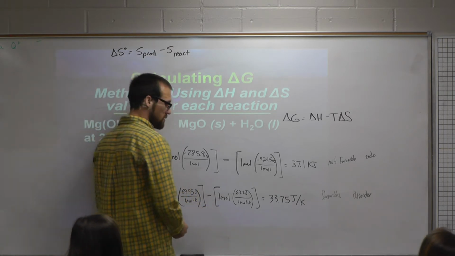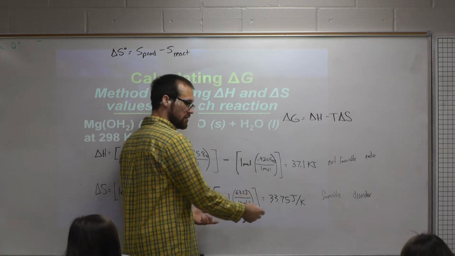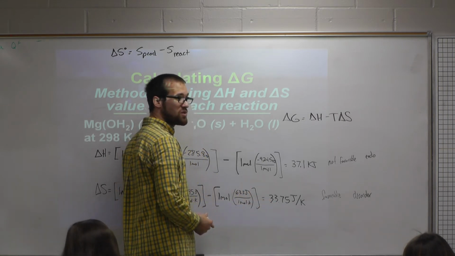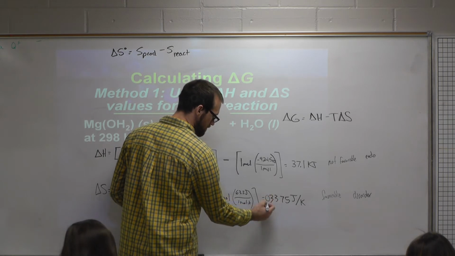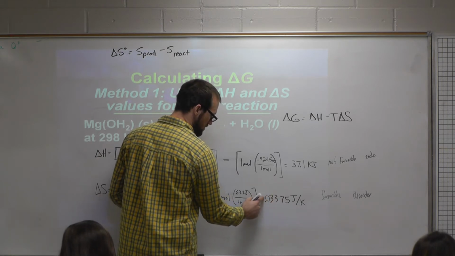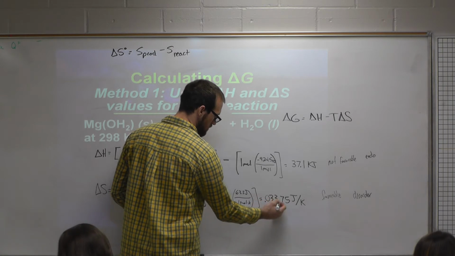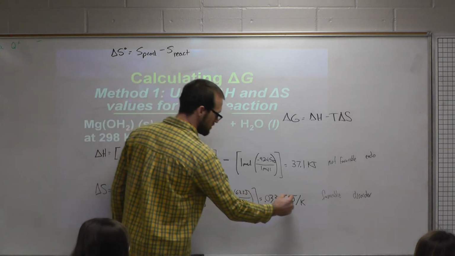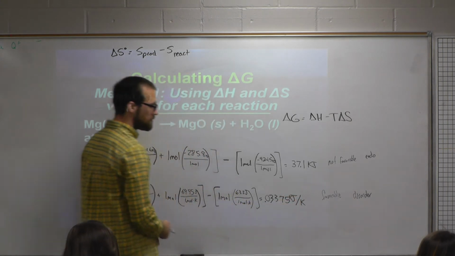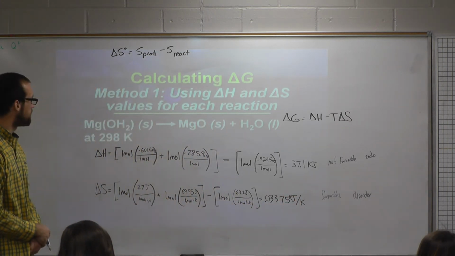I could set up a conversion factor, but it is moving 3 decimal spots to the left. There's our new number. And I'm going to change this to kilojoules per Kelvin. Everybody see it so far?